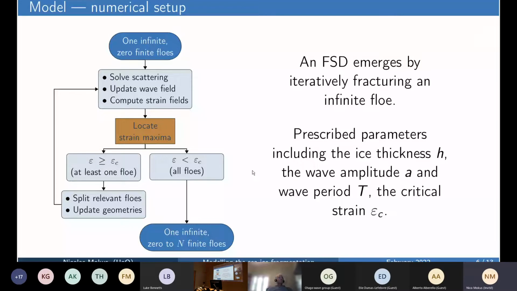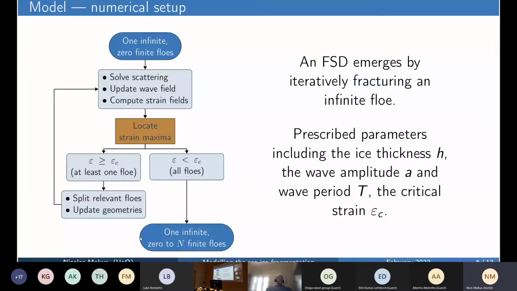So I ran the model several times in the same configuration to average out the resulting distributions, where a configuration is a set of physical parameters such as the ice thickness, the wave amplitude, period, and strain threshold. We're interested in the steady state solution, so we run these experiments until the wave can no longer break any floe in the domain.